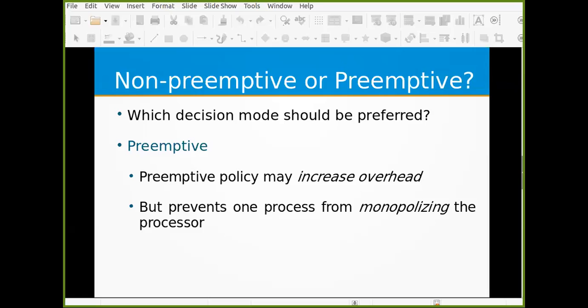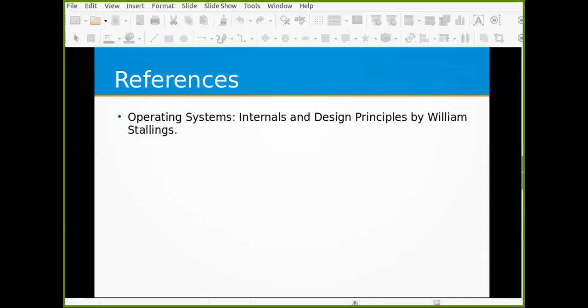So the OS normally prefers preemptive strategies. OS designers normally prefer a preemptive strategy. But in which case preemption should be performed, it depends on what kind of preemption you allow. That is also what we are going to discuss.